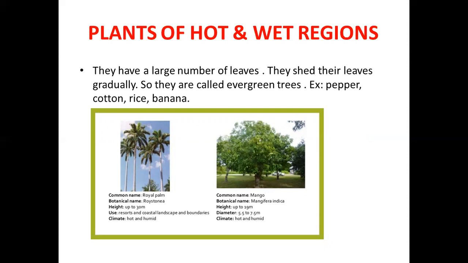And after some days, these trees shed their leaves gradually, hence they are called evergreen trees. And some more examples of evergreen trees are plants of pepper, cotton, rice, banana, etc.